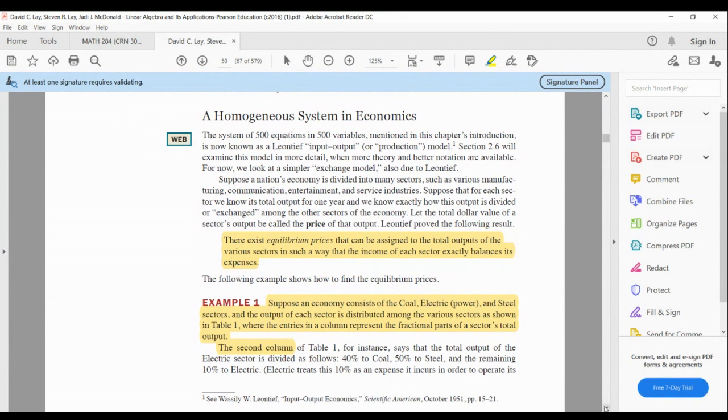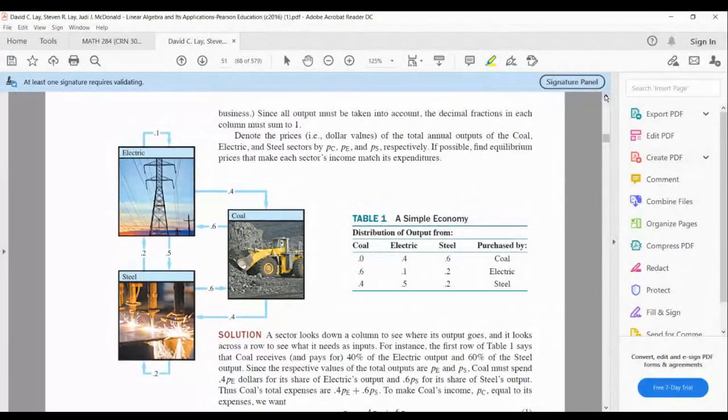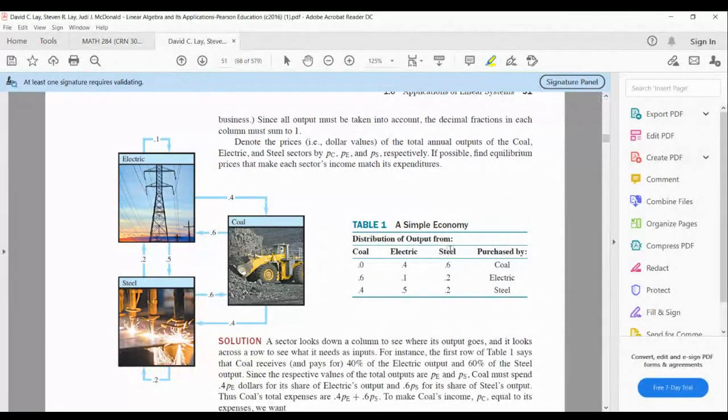Here is the table in example 1, where you have a simple economy, and this is the distribution of output from coal, electric, and steel purchased by coal, electric, and steel.